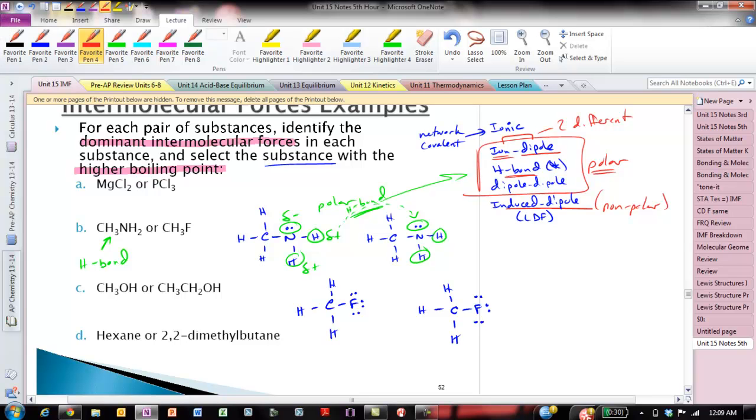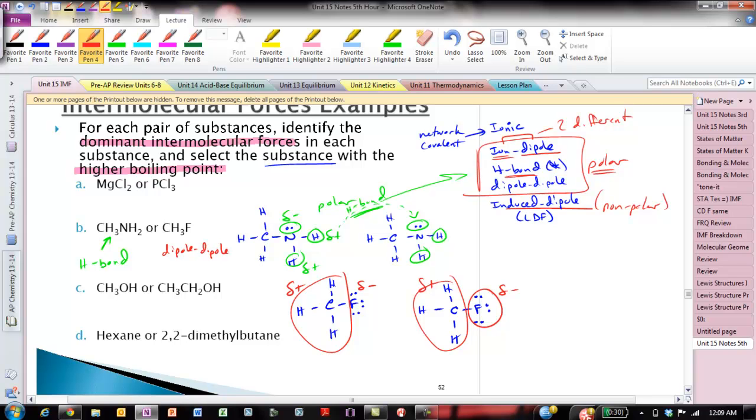So we ask ourselves polar or non-polar. Well, these are polar, with this side being negative and this whole blob being partial positive. Okay, and so then we ask ourselves, can it hydrogen bond? Does it have a special case? Well, there's no H attached to an F, N, or O, so it cannot hydrogen bond. So that means it's just going to be dipole-dipole.